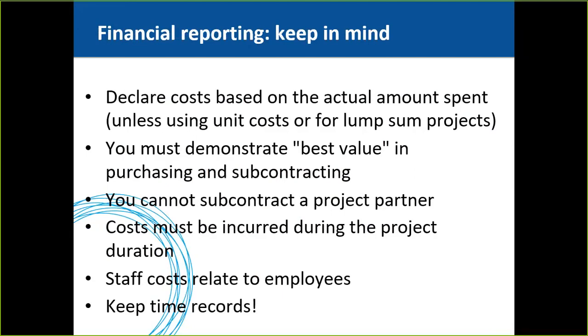You cannot subcontract a project partner. If you are about to subcontract an additional entity, it should not be part of the consortium. And of course, you cannot charge costs that were incurred before the start of the project. Only costs incurred once the official starting date of the project has passed will be eligible.